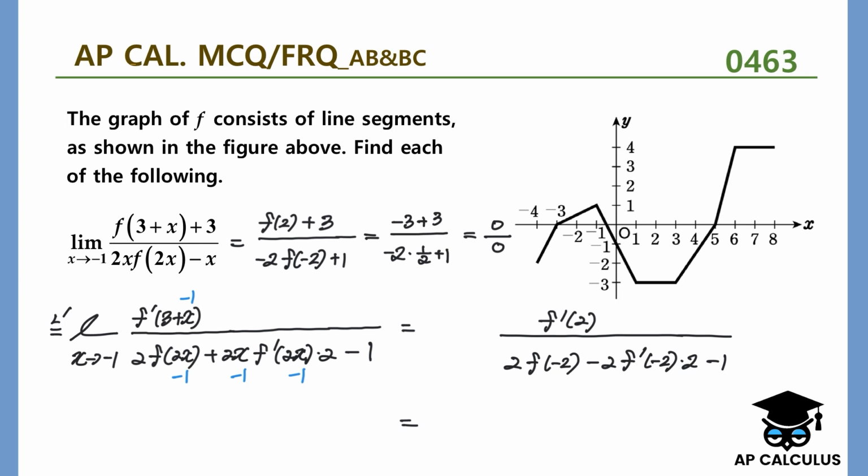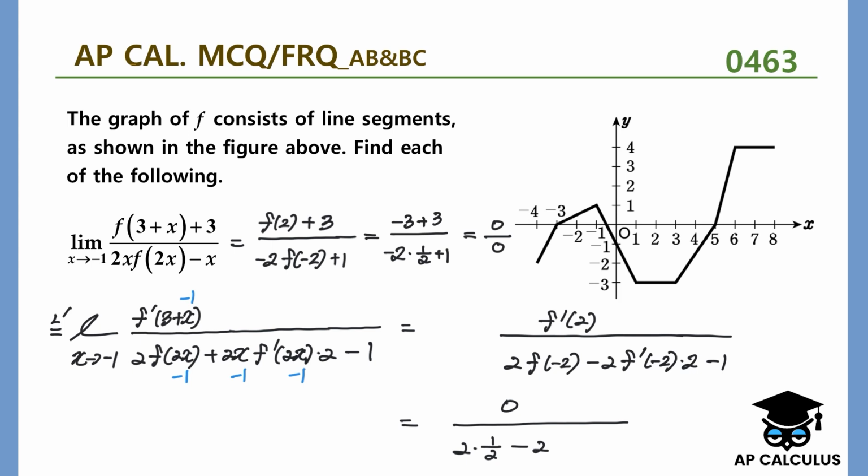Okay, f prime of 2. What's the slope at x equal 2? That's 0, right? So we have a 0 here. Okay, what about our denominator? That's going to be 2 times f of negative 2, that's 1/2, minus 2 times f prime of negative 2. So what is the slope at this point right here? Rise is 1, run is 2, right?